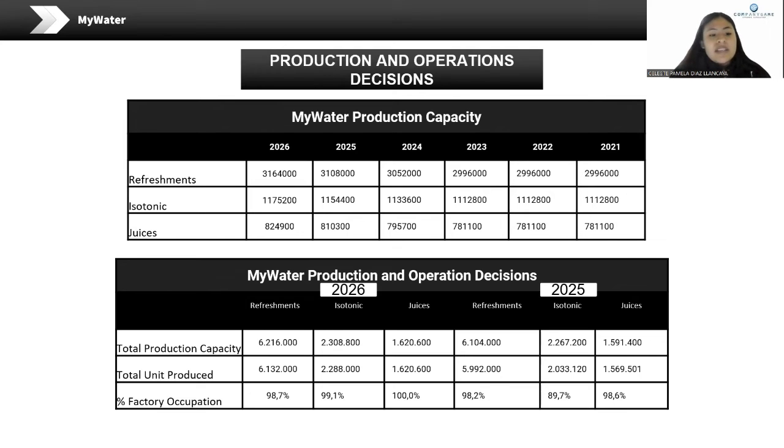An increase in the units produced and also the percentage of factory occupancy rate is visible. The reason for this is that if we have a higher factory occupancy rate, we will have lower production costs.